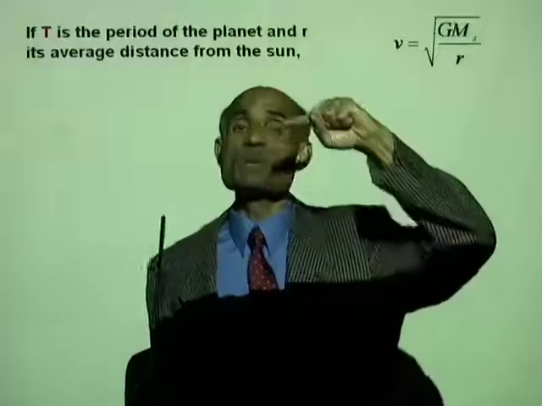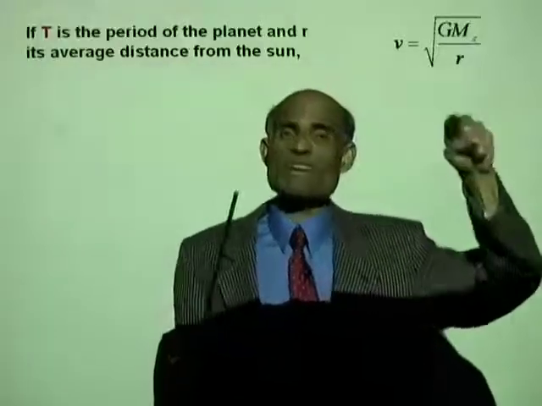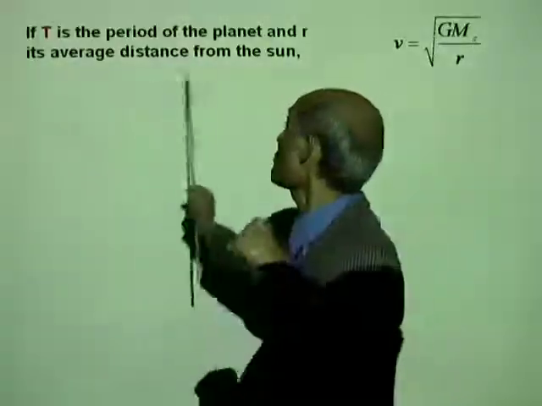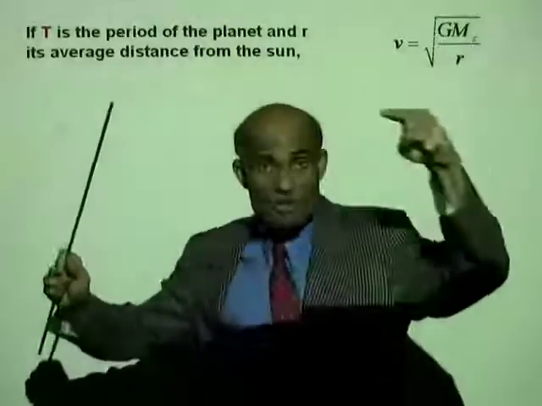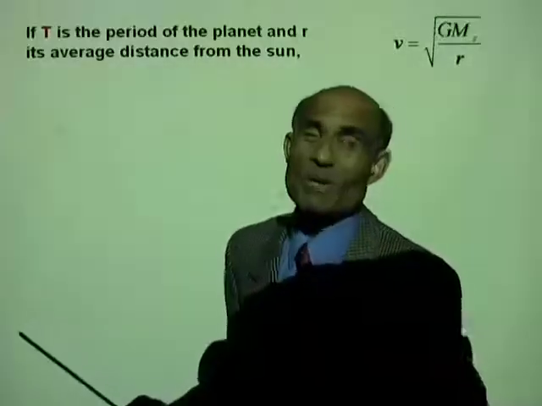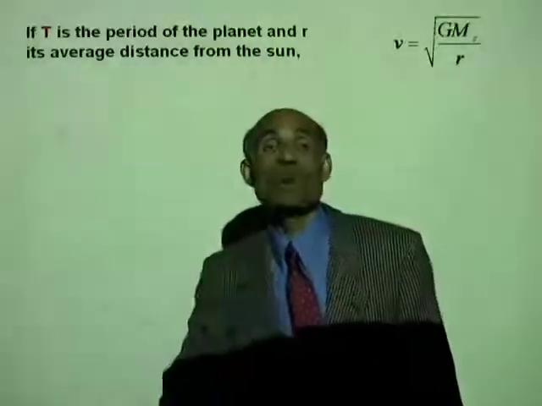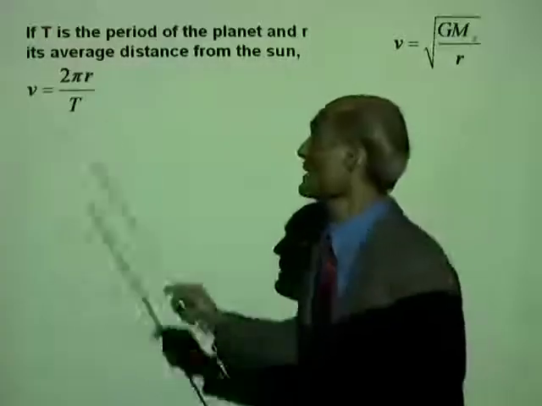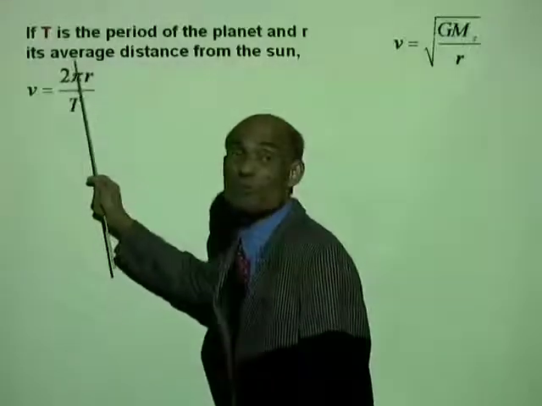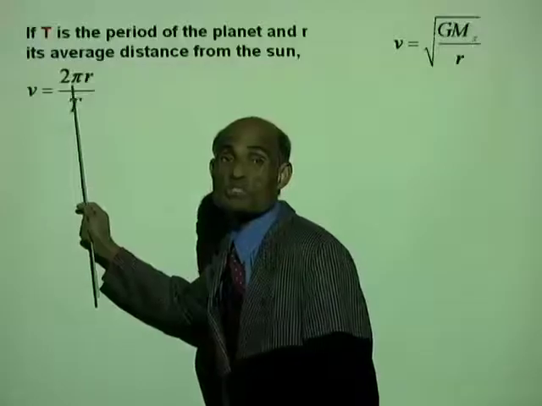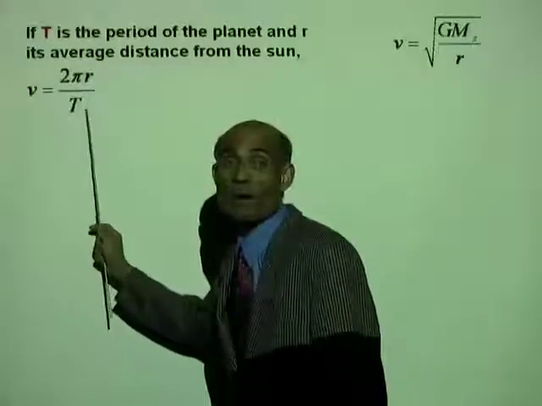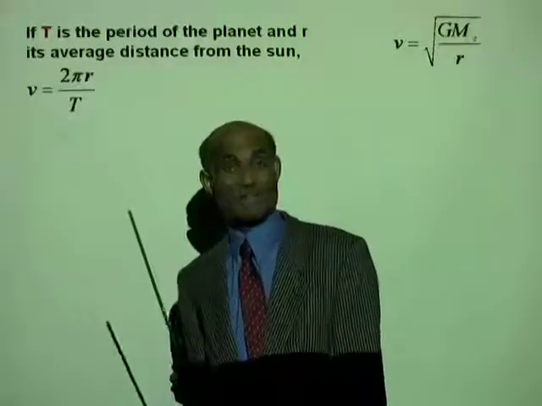In other words, period is the time taken to travel a distance of 2 pi r, assuming that the orbit is almost circular. Now, v equals 2 pi r, the distance traveled, divided by the period. Is that right?